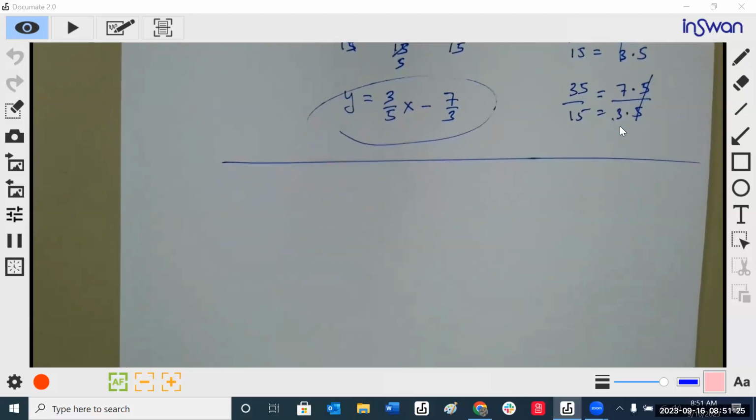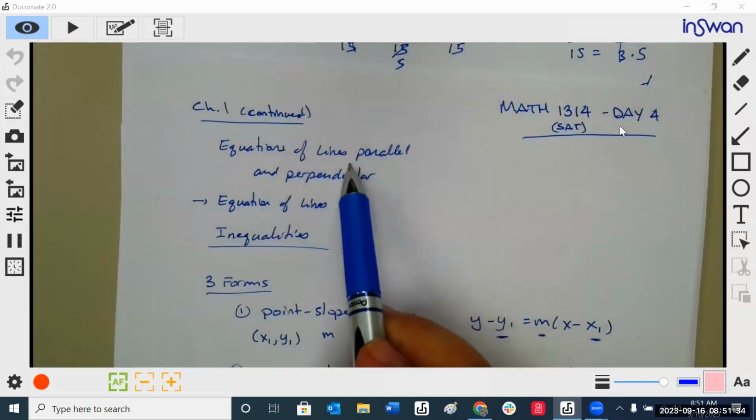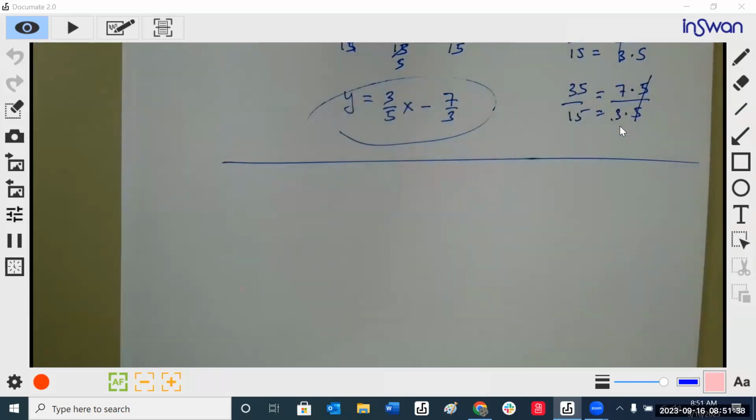All right. Then the last thing we're going to talk about, let me see, equations of lines, parallel and perpendicular, equations of lines. So all we have left are inequalities. I made these for you.